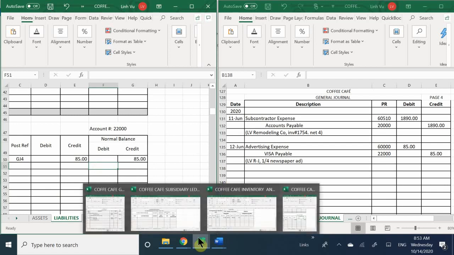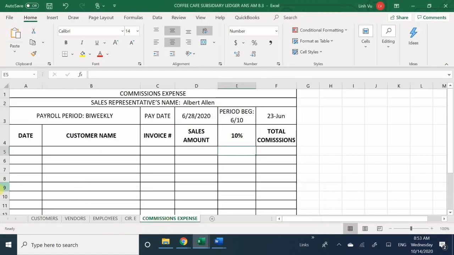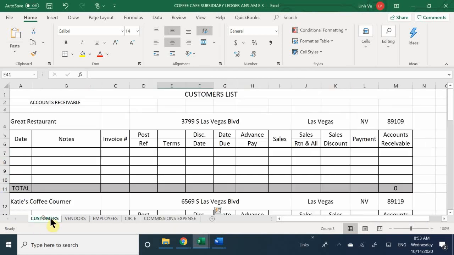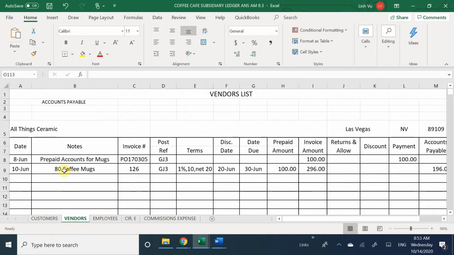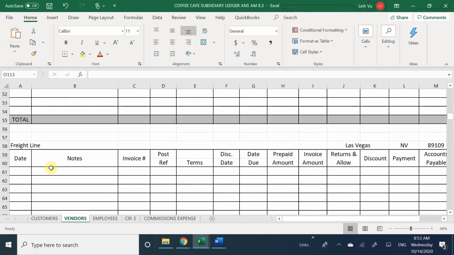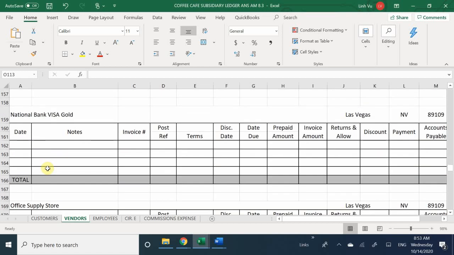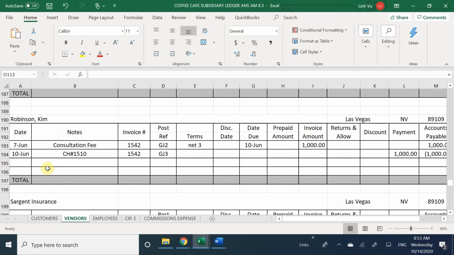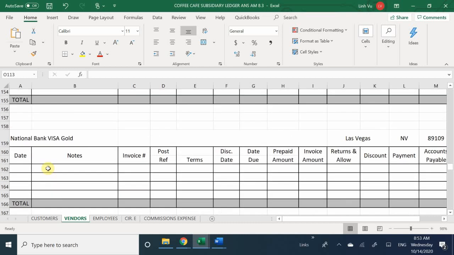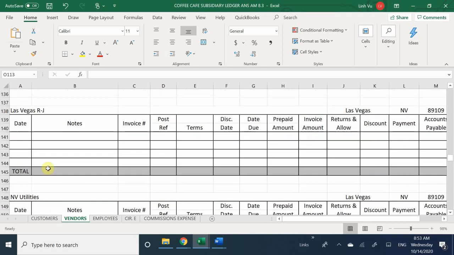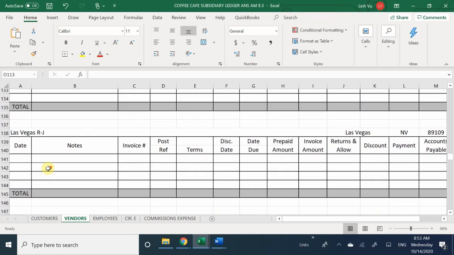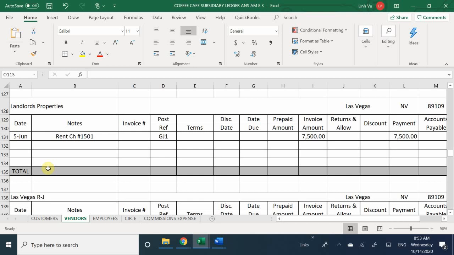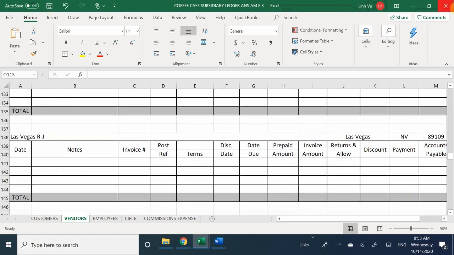Lastly, we got to go to our subsidiary ledger, because we're dealing with a vendor. And we're going to go ahead and find that LV journal. So here it is, Las Vegas RJ.